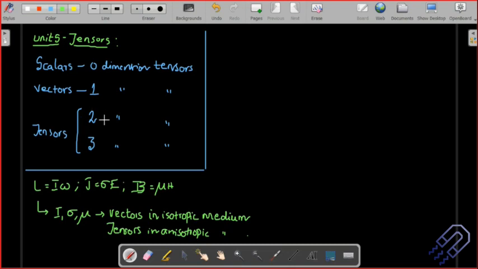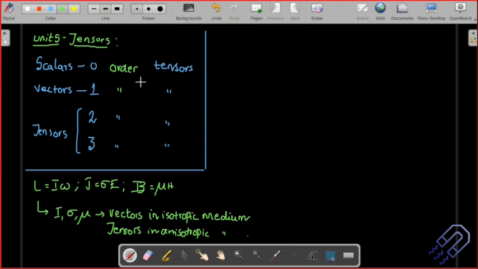In general, if I don't write dimensions, dimensions may not be the right word here. Let me write this as order. Dimension is not the right word, sorry. So what happens is you have vectors, and they might be of first order, and that will actually represent a tensor.